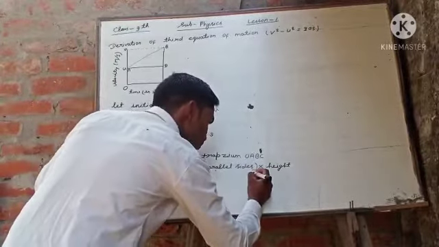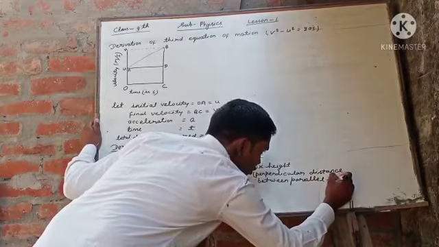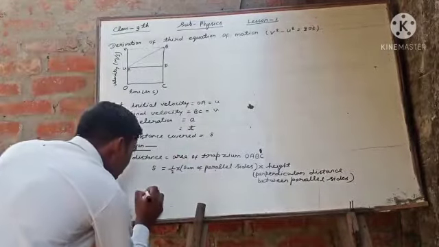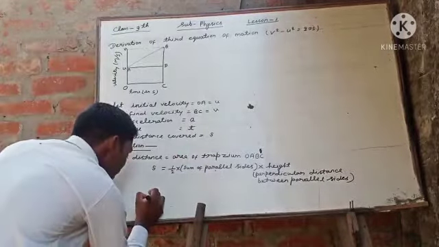So here we can write s is equal to 1/2 into the sum of parallel sides.